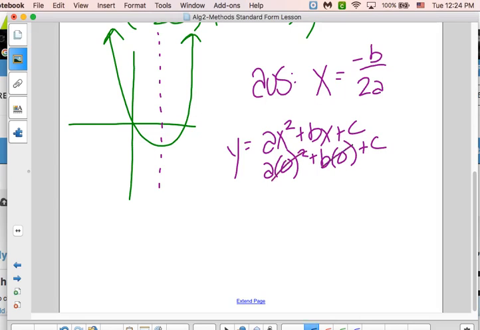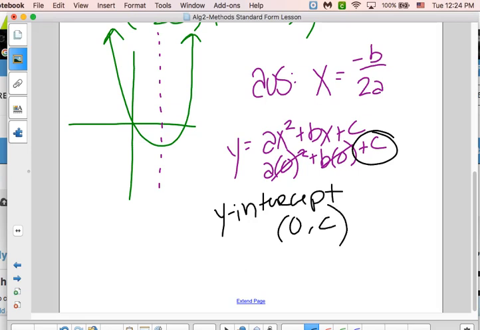So if you are given standard form, the y-intercept, if you plug in all these zeros, what's the only thing that's going to be left? C. So the y-intercept ends up being that c value. It's not a huge thing, but it can kind of be helpful at the end to check your graph.